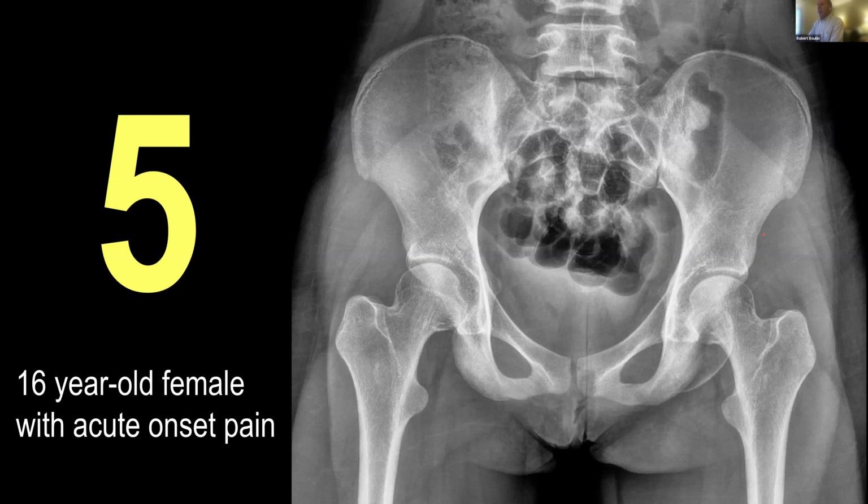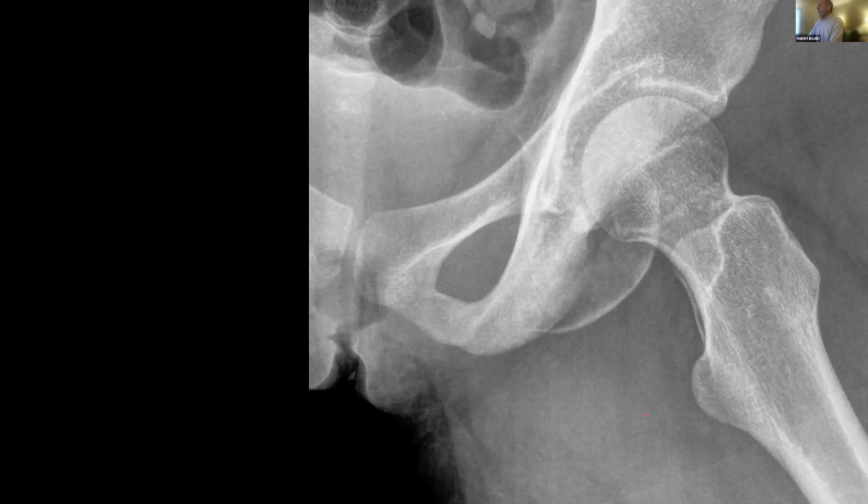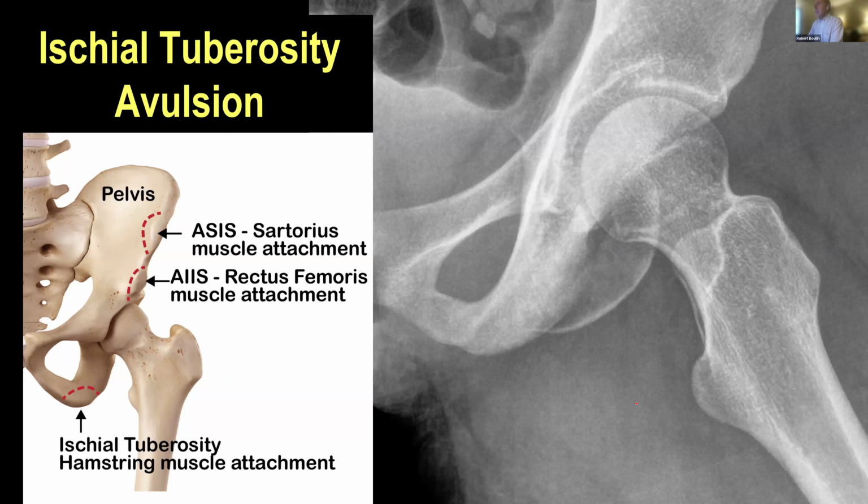What about this case? 16-year-old woman, young woman with acute onset pain. You can see the normal ischial tuberosity apophysis is getting quite fused, but on this side, there is quite a lot of asymmetry, and that's because this patient had ischial tuberosity avulsion at the origin of the hamstrings. Very good.